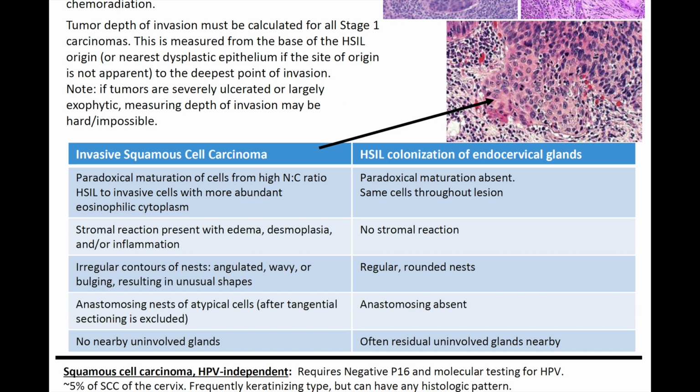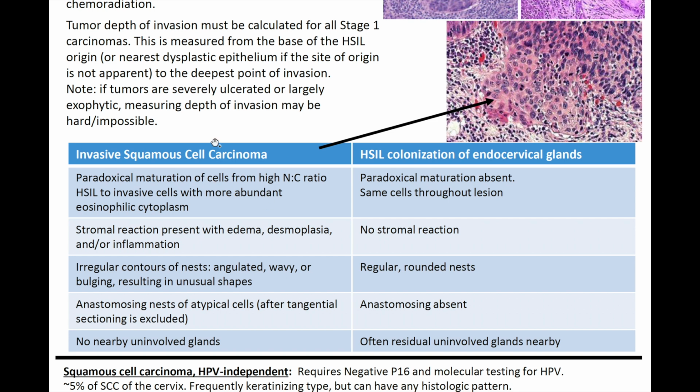This is measured from the base of the HSIL origin or nearest dysplastic epithelium if the site of origin is not apparent, to the deepest point of invasion.